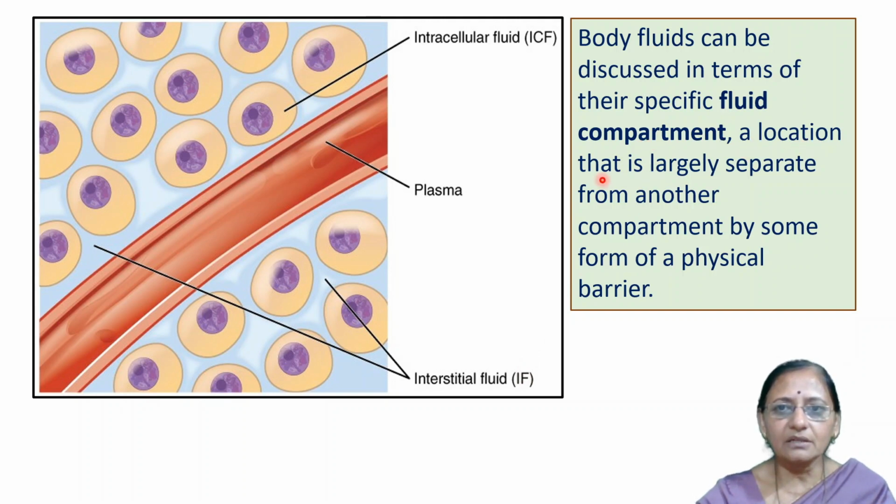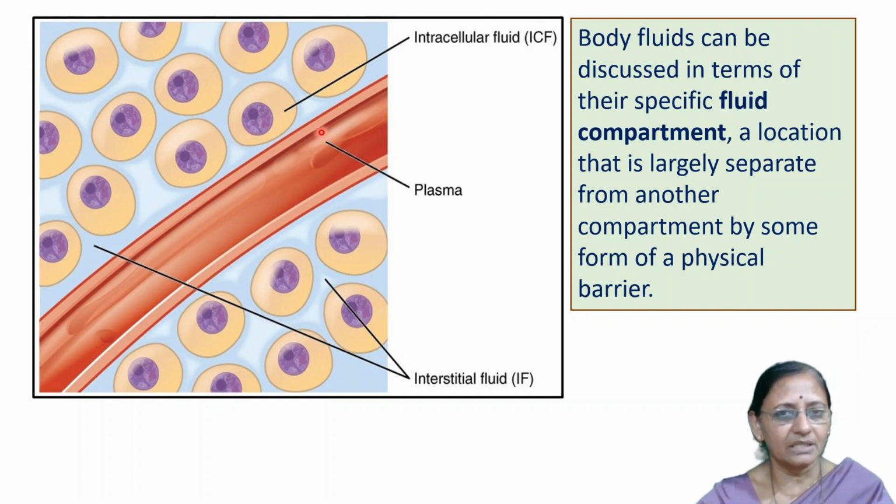A compartment is a location that is largely separate from another compartment by some form of physical barrier. These specific fluid compartments are separated from each other by barriers. The plasma membrane is the barrier for the intracellular fluid: the fluid remains inside, and exchange occurs only through this semi-permeable membrane.